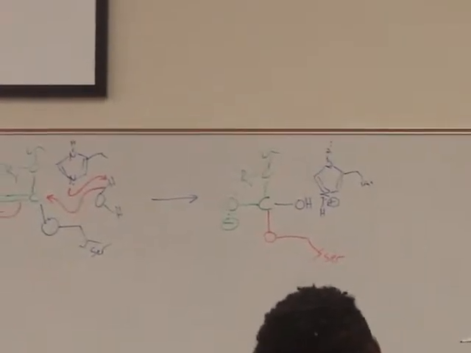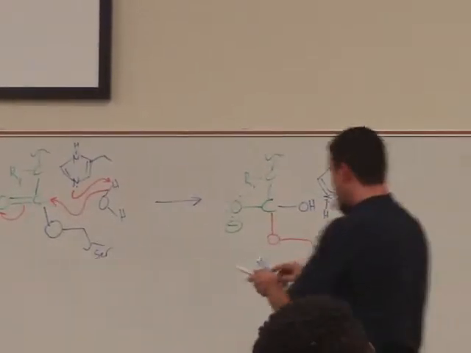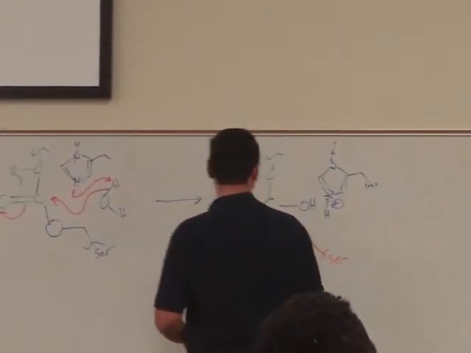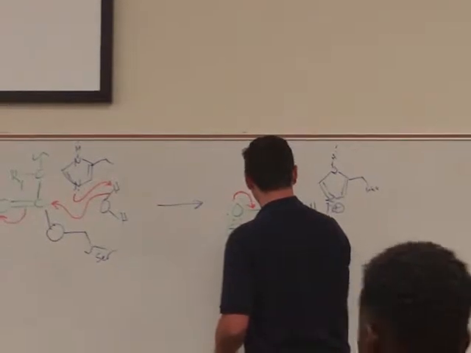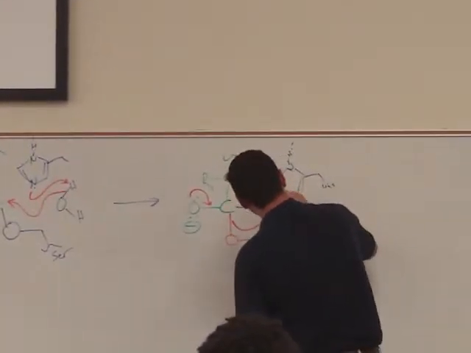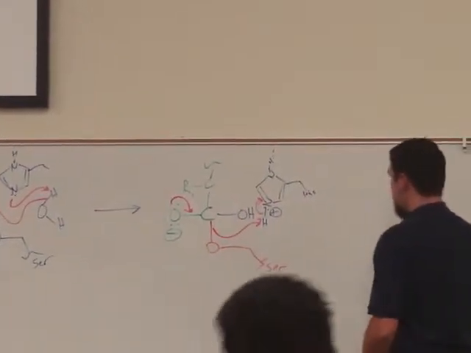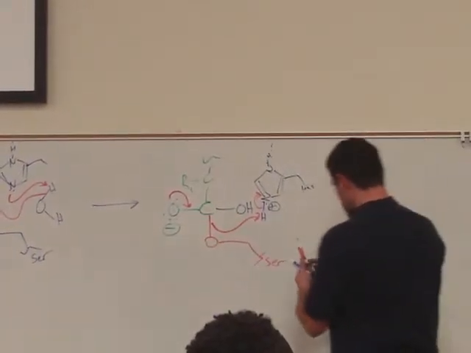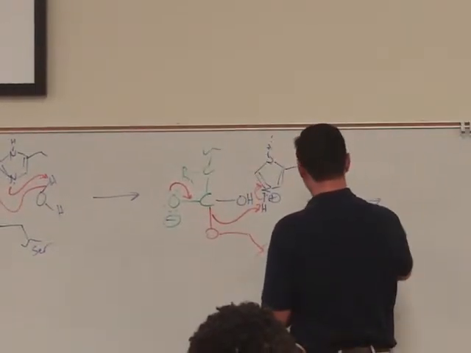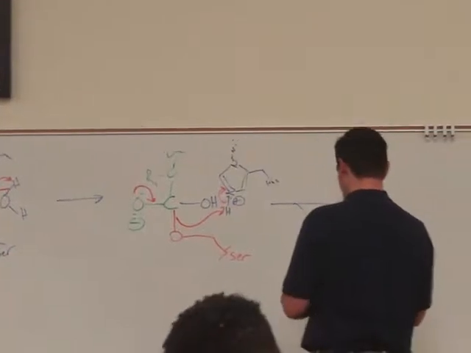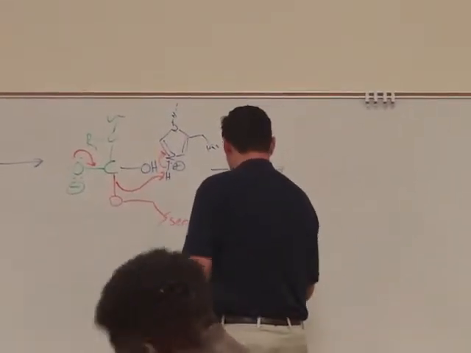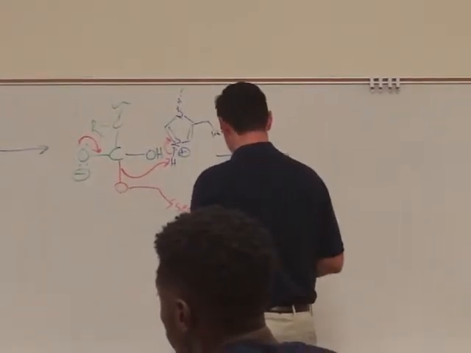Okay? So we get this tetrahedral intermediate, high energy. Everything's got to fall apart, right? And what's the best leaving group? This is going to be the best leaving group. It breaks this, grabs that proton from histidine. The electrons flow back to the nitrogen. And our product leaves, so we have our COOH, right?